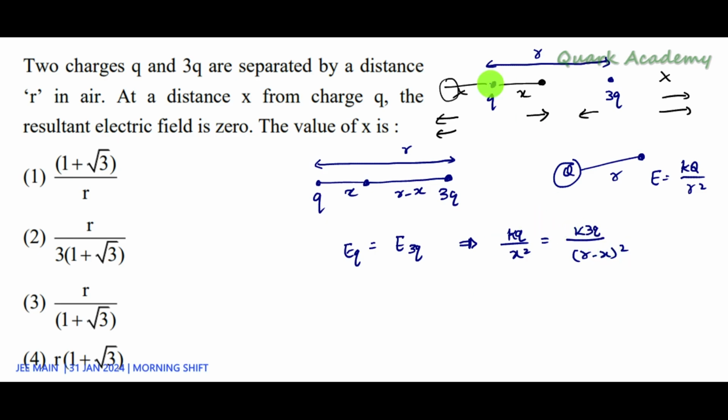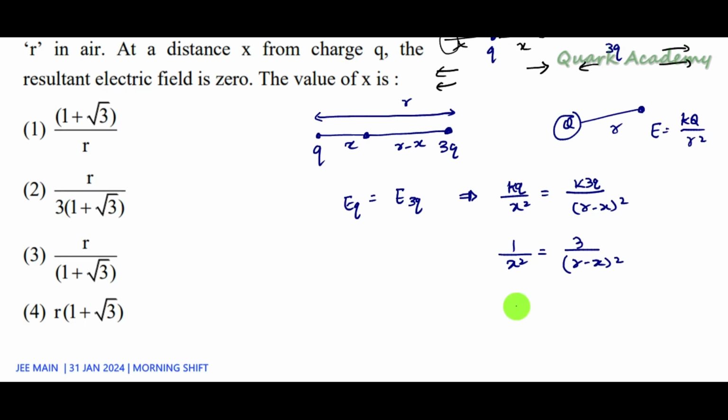So KQ can be cancelled. Then we can rearrange this. Let me just write 1 by X squared equal to 3 by (R minus X) whole square. Now 3X squared equal to (R minus X) squared. Let's take a root.